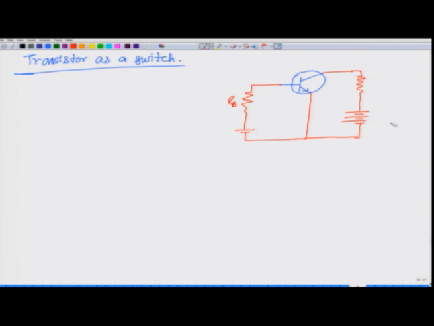Now, let us suppose I change this VBB, and let us say this is our input Vi, and of course, our output is the same Vo. Okay. Now, if I plot this Vo versus Vi, what happens?